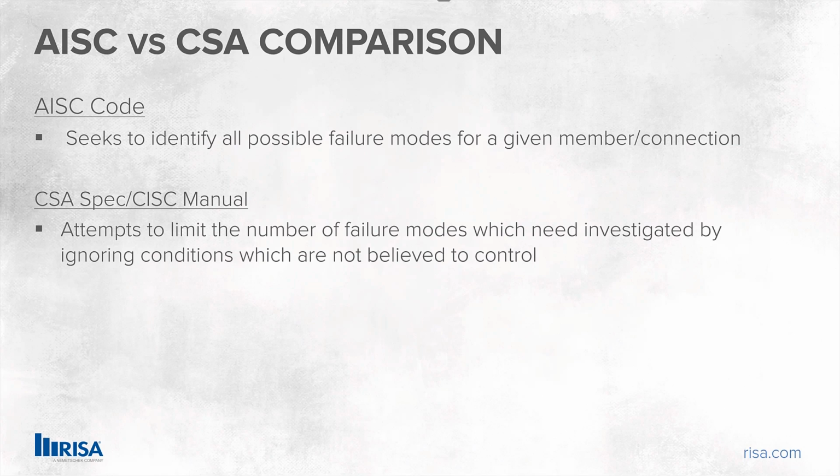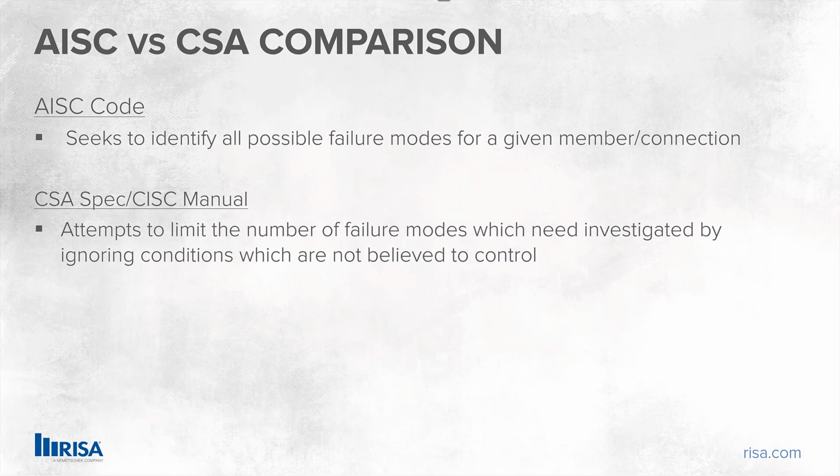If we look at the AISC code, it seeks to identify all the possible failure modes for a given member connection, meaning that every single limit state that could be calculated for a given connection is calculated, and we check all of them. That gives us a very exhaustive look at what is happening in that particular connection.